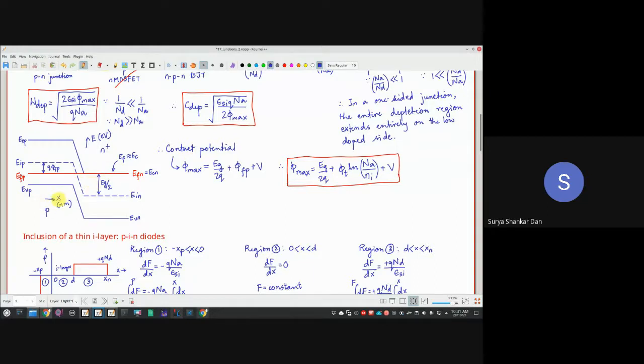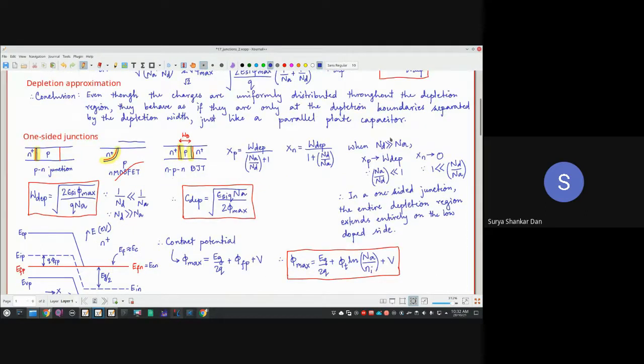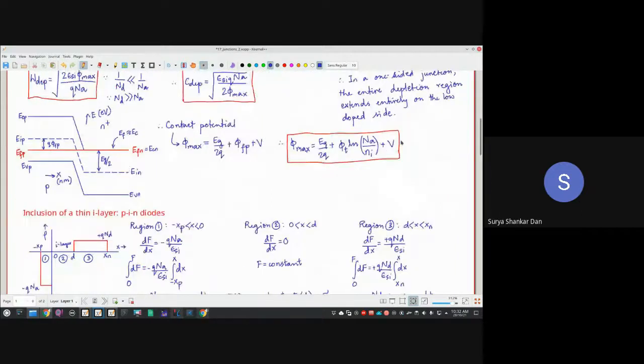Here it is x, not k. This is a fundamental mistake many of you make. Here is the energy. Right? Now the moment we said that Nd is much larger than Na, what does it mean? We have learned earlier that if we are doping it higher and higher, what happens?